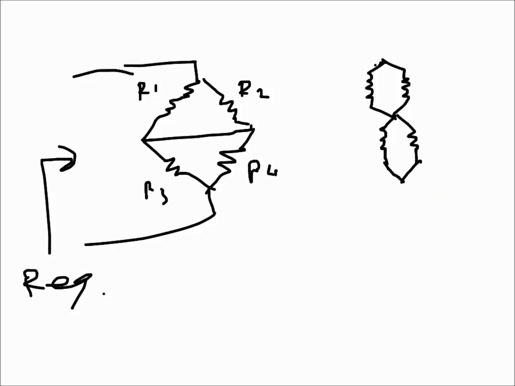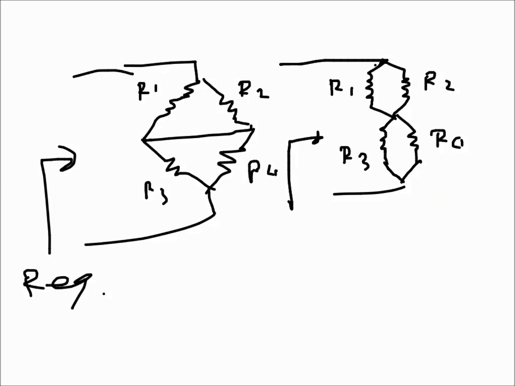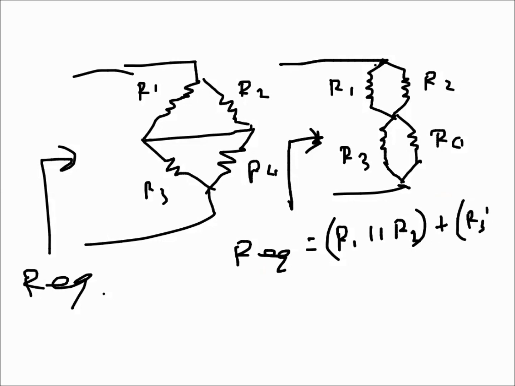R1 and R2 are in parallel, and R3 and R4, and it is important to observe where I am looking at the resistances from. So R1 and R2 in parallel, then in series with R3 and R4 in parallel. So R equivalent will be R1 parallel R2, in series with R3 parallel R4.